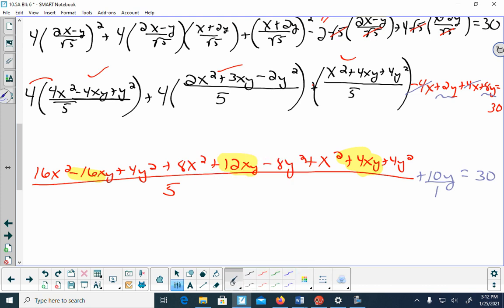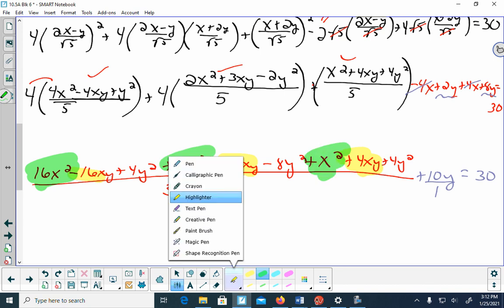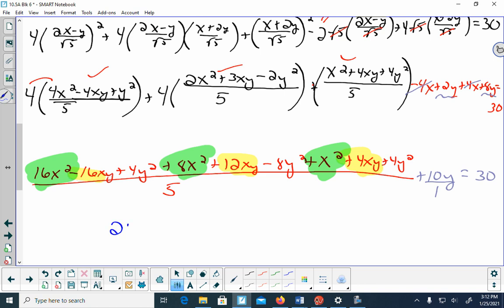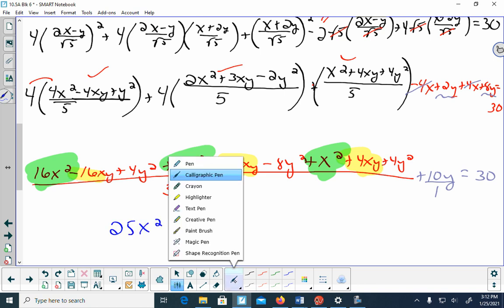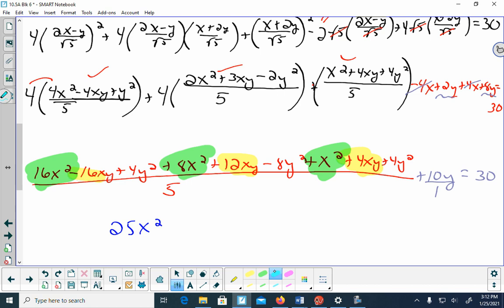So good for me. Then let's do the x squareds next. So I have 16x squared, 8x squared, 1x squared. So when I add those all up, I believe I get 25x squared. Now let's do the y's. I have 4y squared minus 8y squared plus 4y squared.